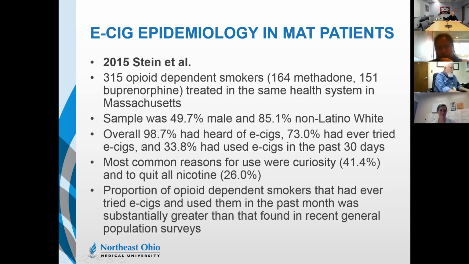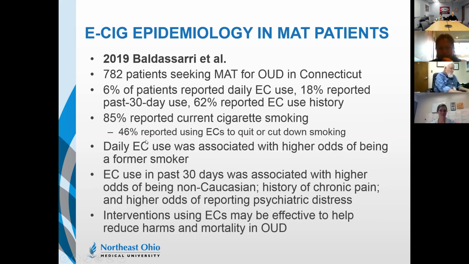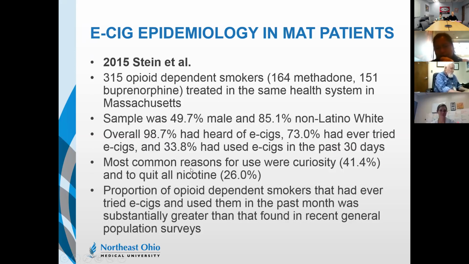And if you can see here that almost 100% of them had heard of e-cigarettes. Almost 3/4 of them had ever tried e-cigarettes, and 33.8% of them had used e-cigarettes in the last 30 days. And all of those numbers are higher than the general population.